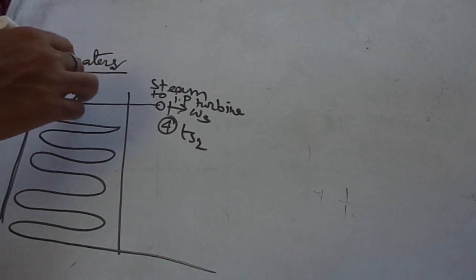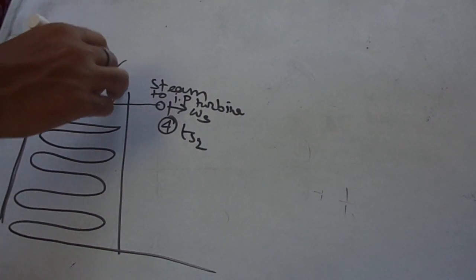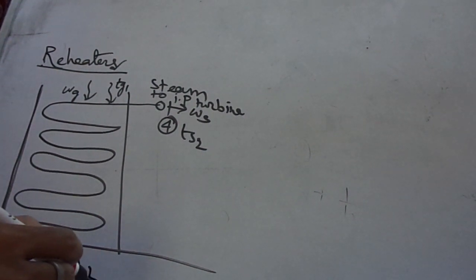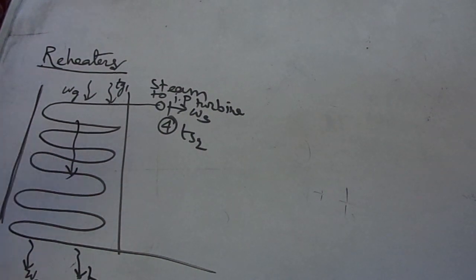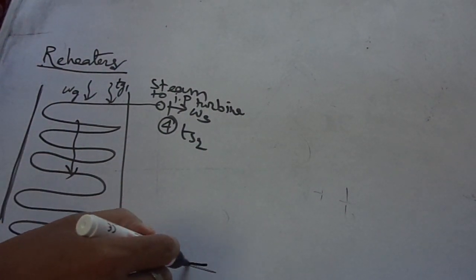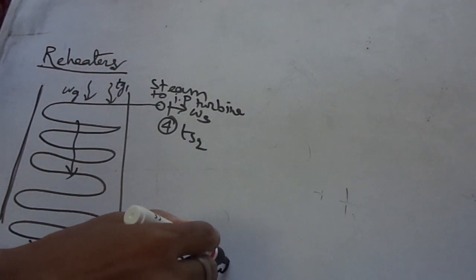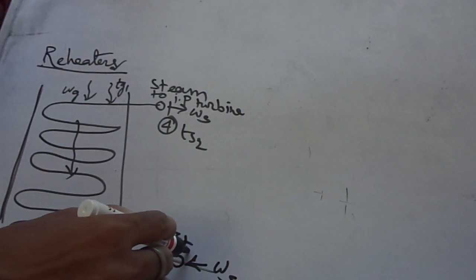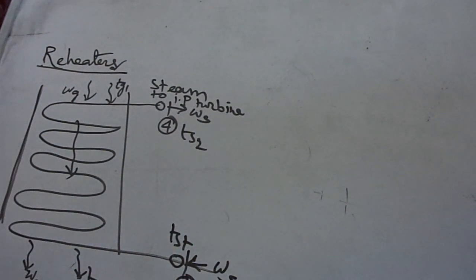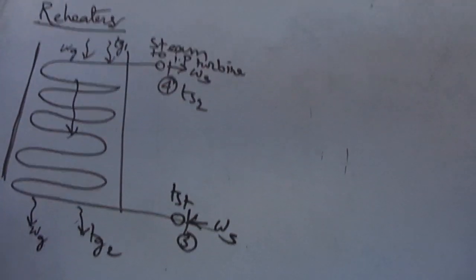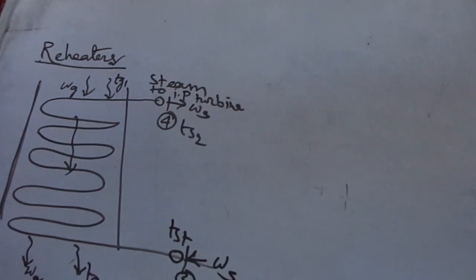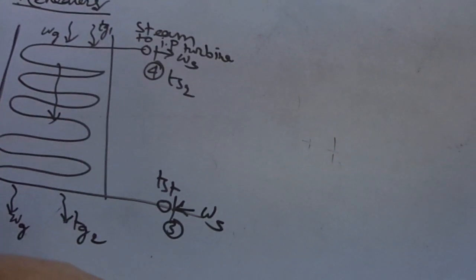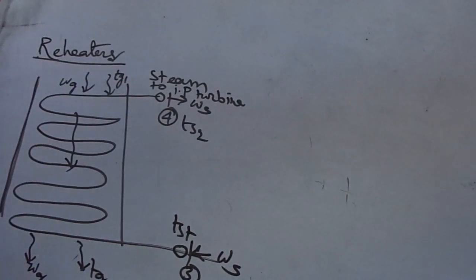Another one is WG, TG1, WG, TG2. This one is WS, TS1, this one is the 3. Steam from high pressure turbine.